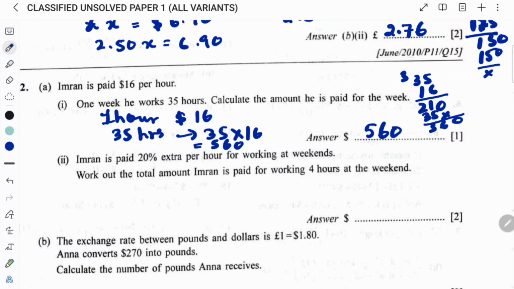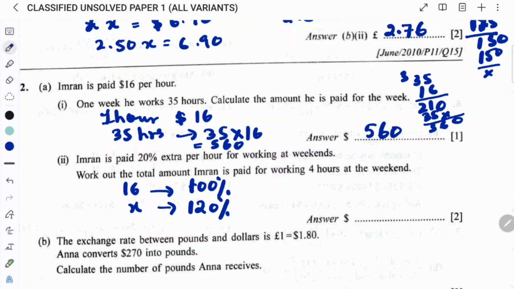The new price he's getting is 120% of 16. Or you can just write down, for 1 hour, that is $16, and we are considering 1 hour right now, not 4 hours. So $16 is 100%. And how much will he get if he's getting 20% more, or you can directly do 120% of 16.